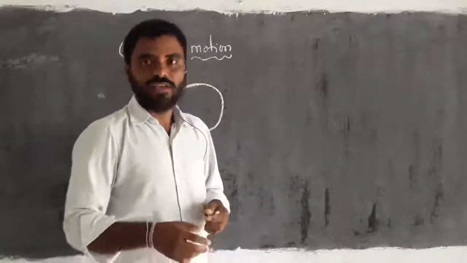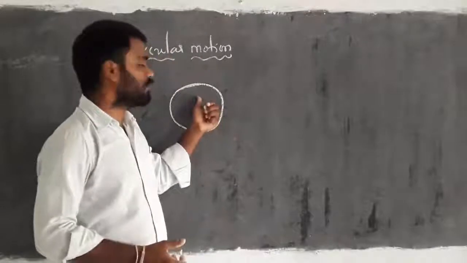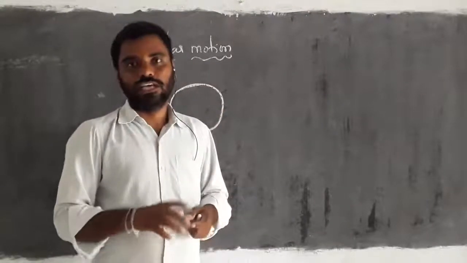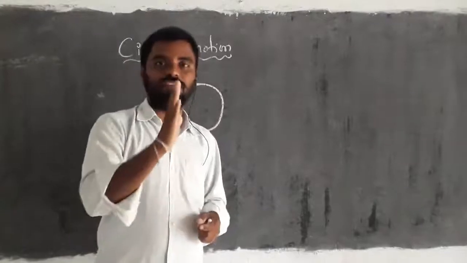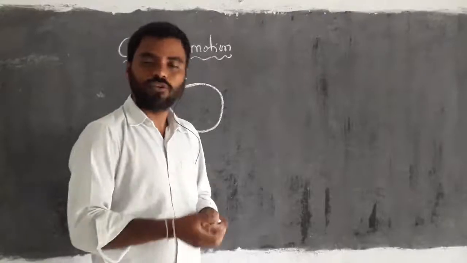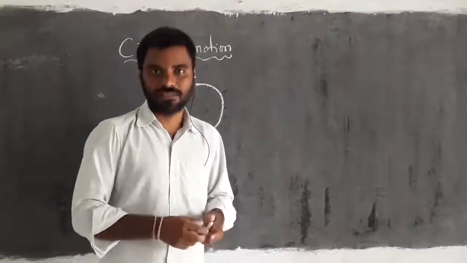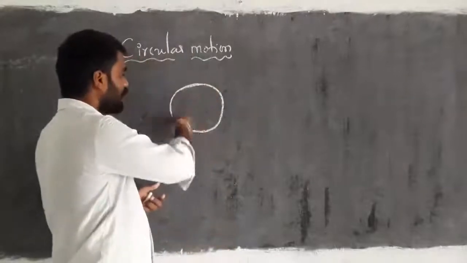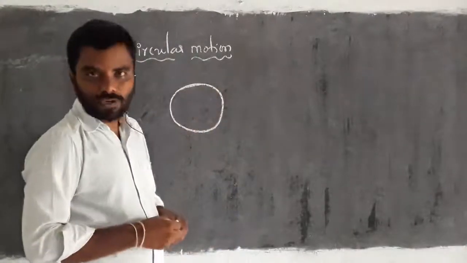In the same way, we can see the same type of circular motion in our house, especially in fans, either ceiling fan or table fan. Including in the kitchen, we are using grinders, mixers, right? In all that, we can see the parts moving in a particular circular path.